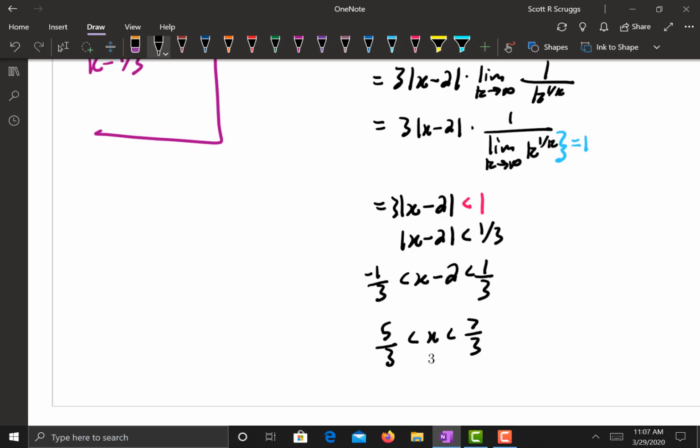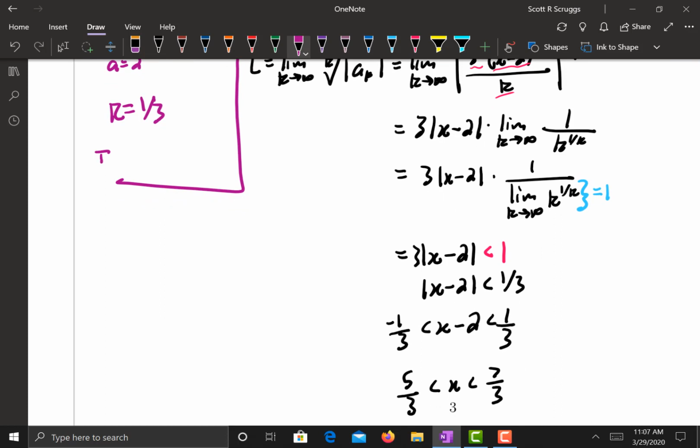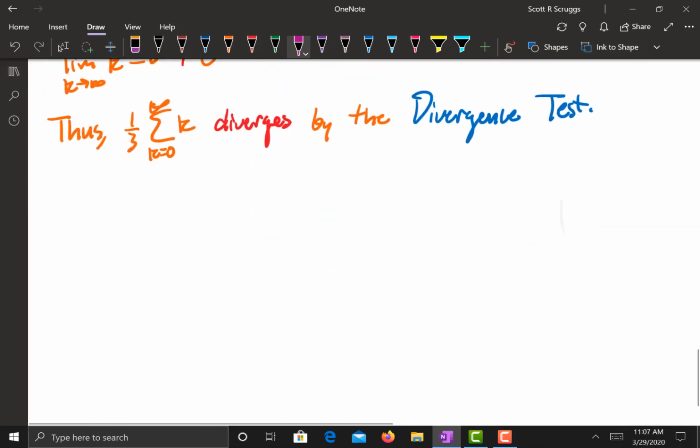Add, not subtract. Add all sides by 2 to give me that. So that means currently I know my interval of convergence is 5/3 to 7/3. I do not know yet whether or not I should include the endpoints. So let's figure that out.